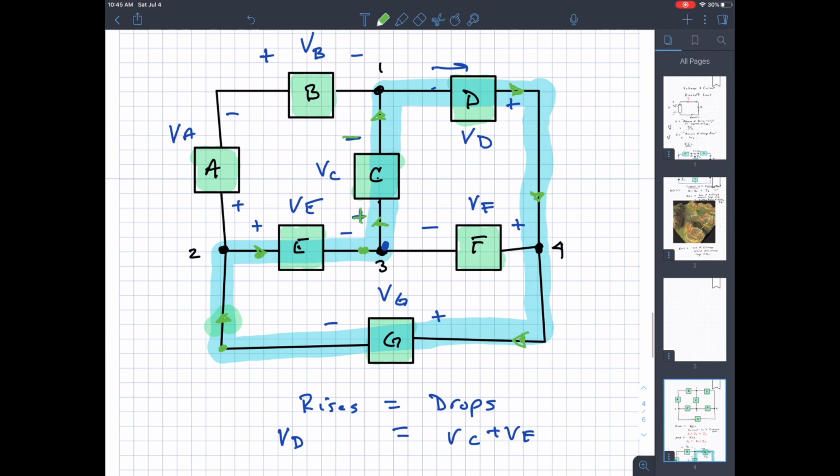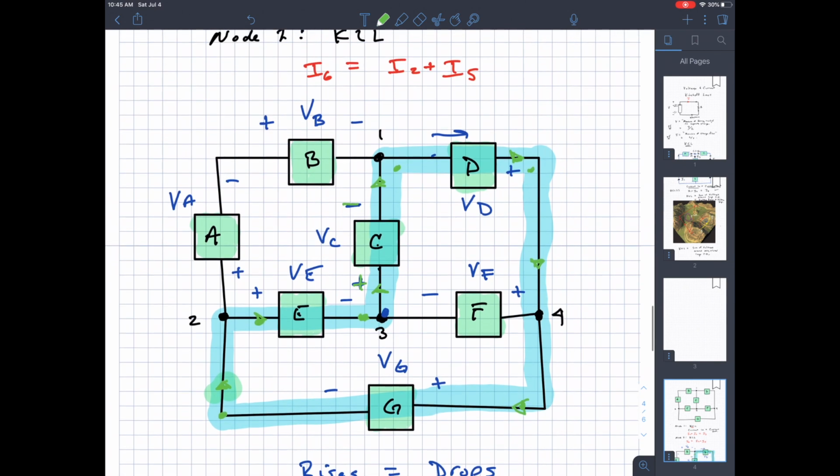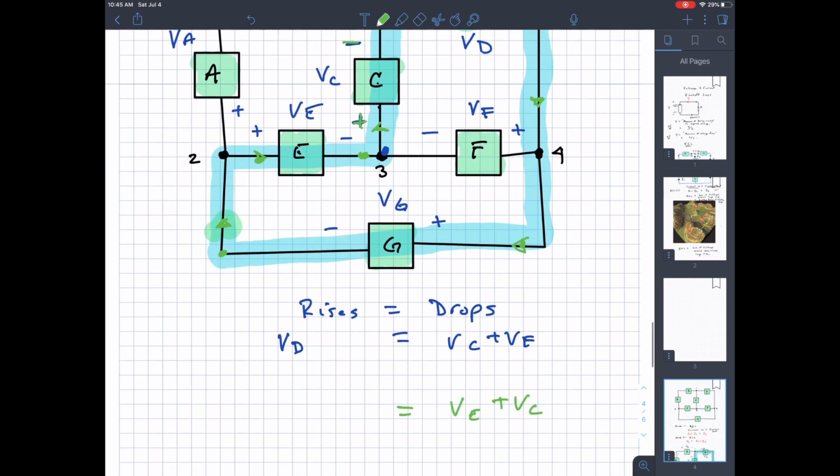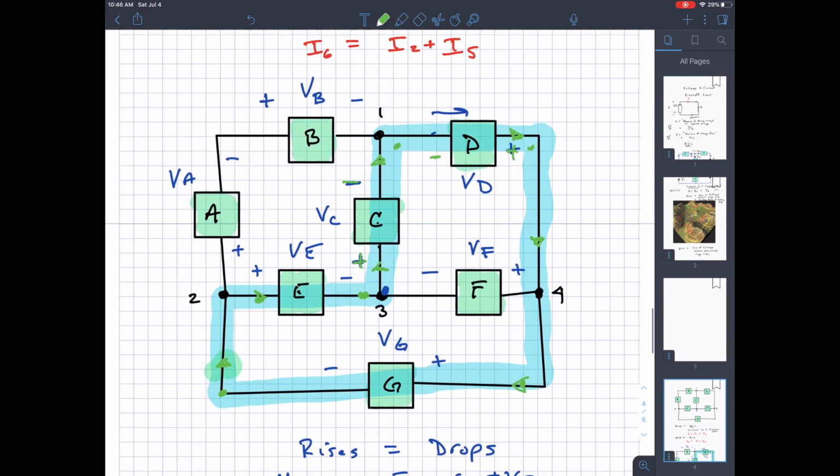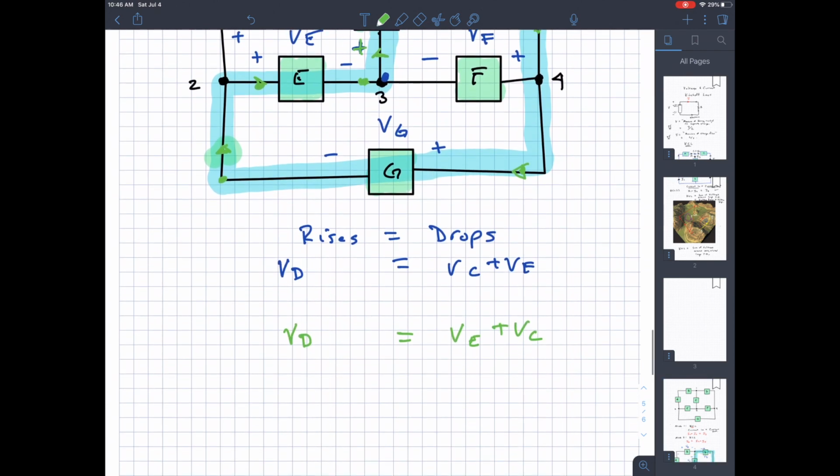Moving from here to here, VD, I lost one of the signs. This was supposed to be a minus sign on VD, minus plus. That's a rise, so that shows up on the rise side of the equation. Then we move on down to VG. VG is a drop. So there's another valid KVL equation.